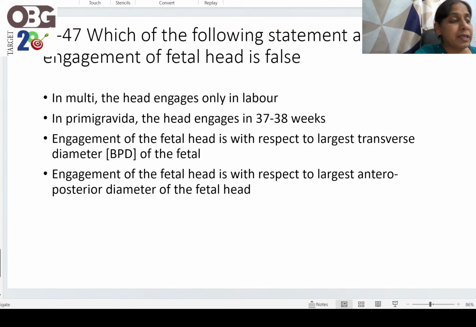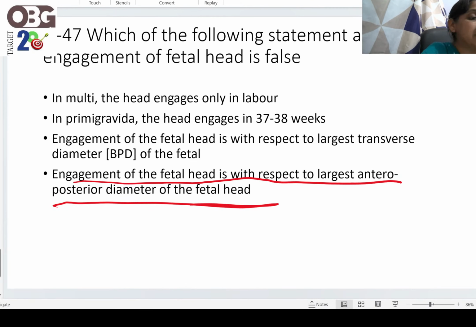Which of the following statements about the engagement of the fetal head is false? I already explained to you a lot that engagement of the fetal head is with respect to the largest antero-posterior diameter. No. Engagement of the fetal head is with respect to the largest transverse diameter. Here a very important clinical thing is mentioned: in multigravida the head engages in labor, whereas in primigravida the head engages at 37 to 38 weeks.